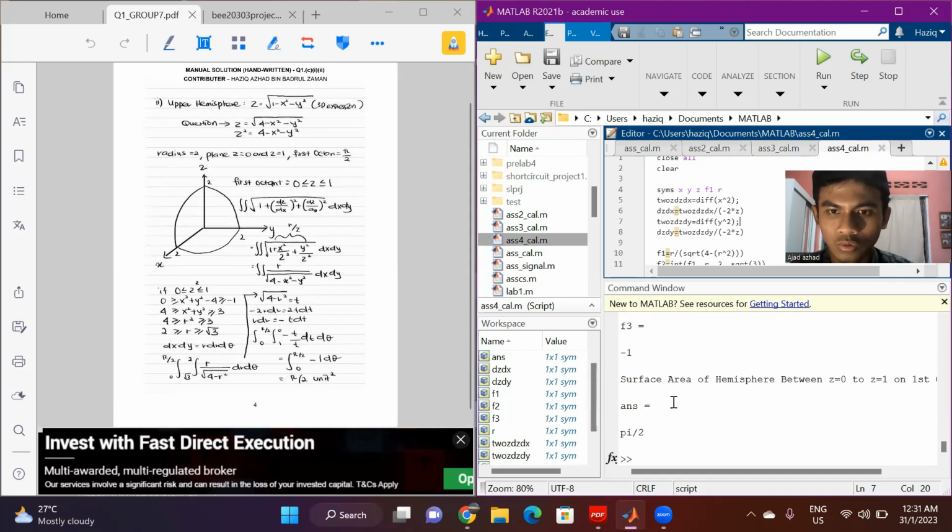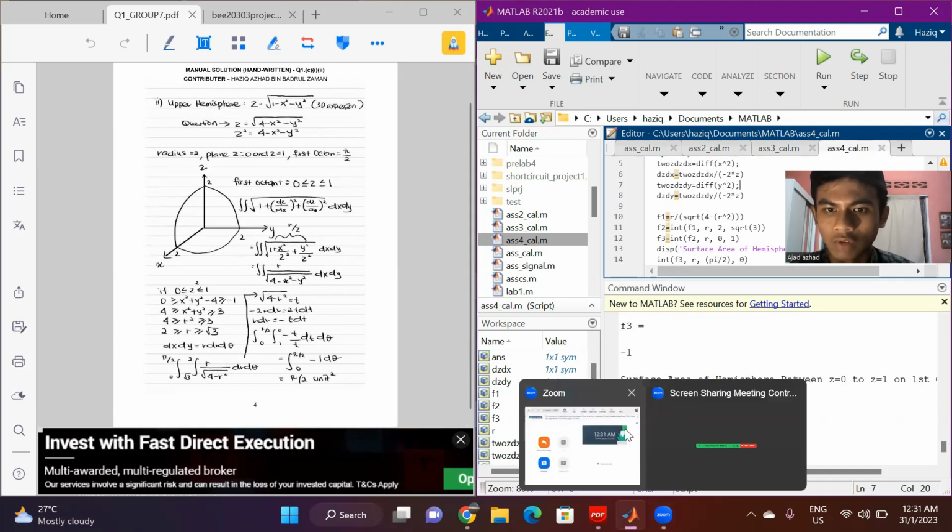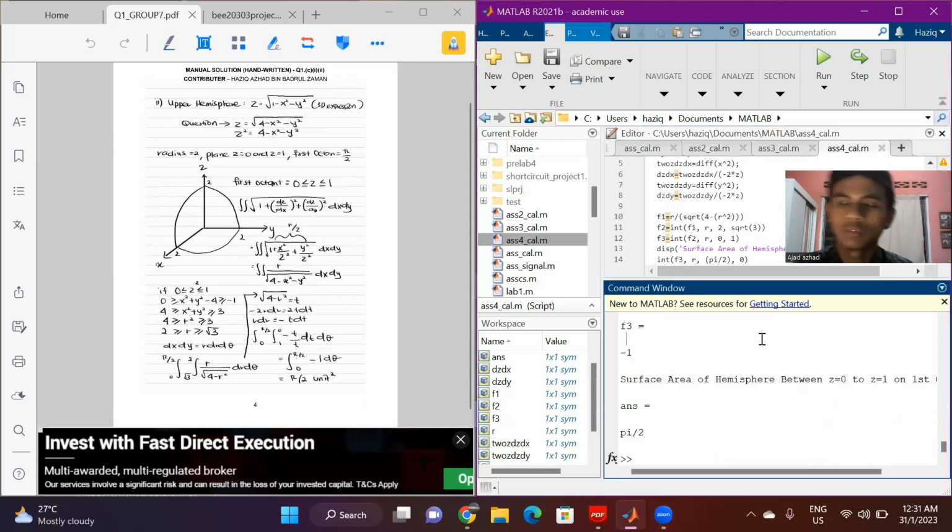Then by integrating the equation, you will get the final answer, similar to our final calculation. So that's all from me for question number 1. Thank you.